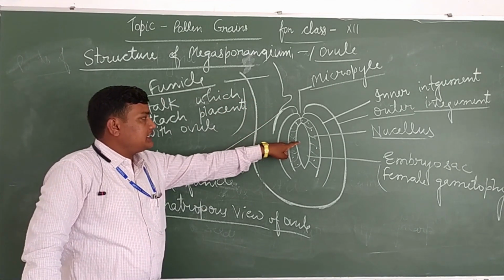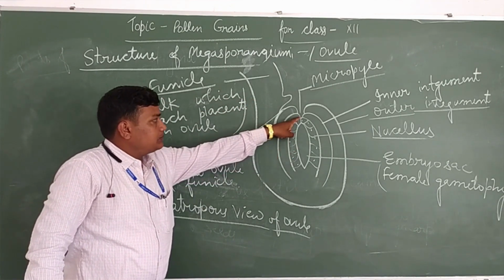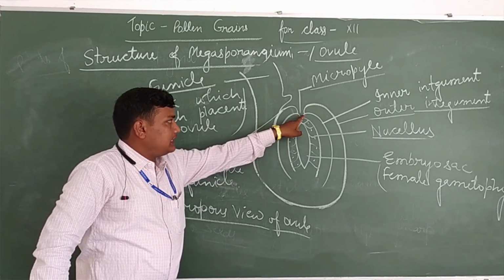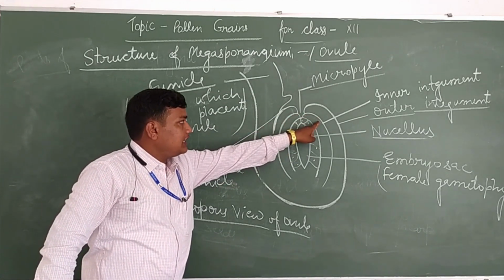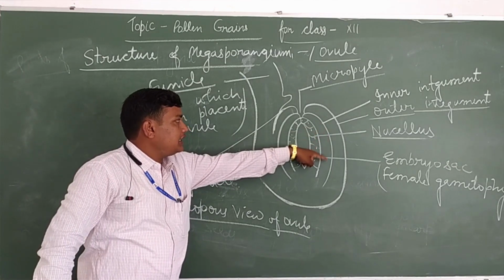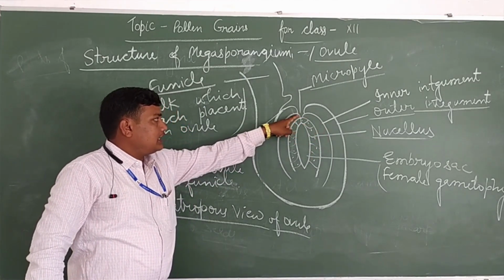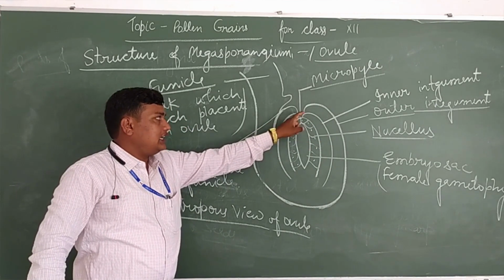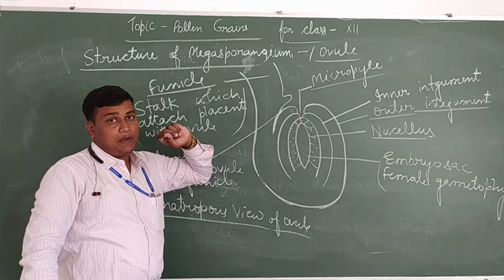So the inner part is the embryo sac, this portion is known as nucellus, and the next membrane is known as inner integument. The inner integument does not cover this end, and this end is known as micropyle end.